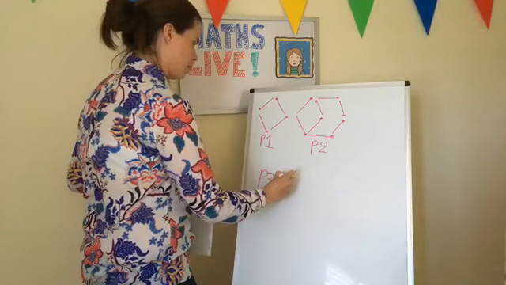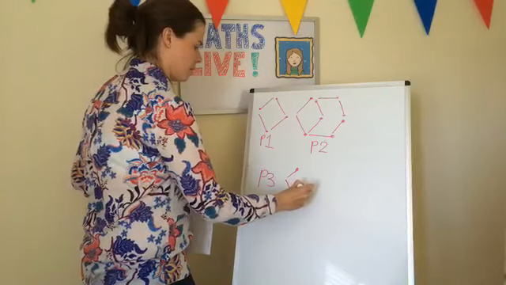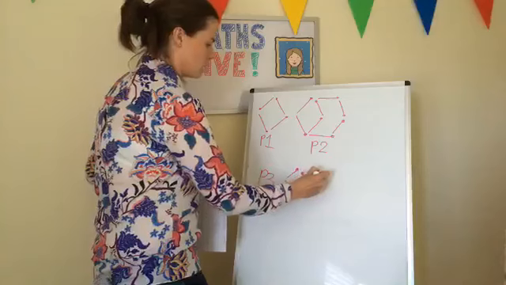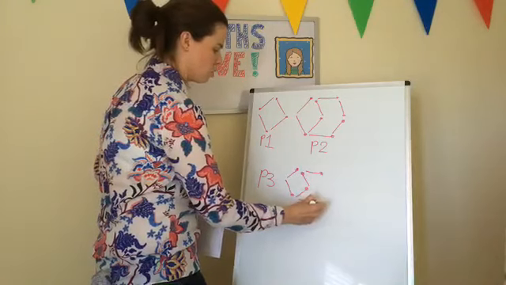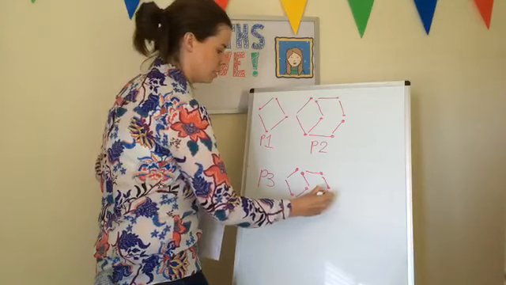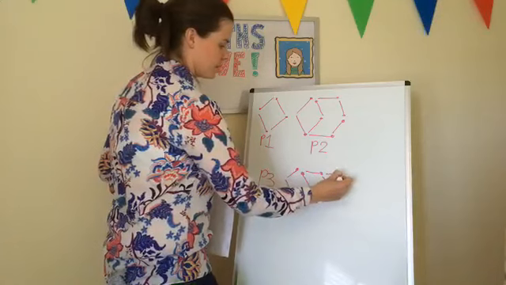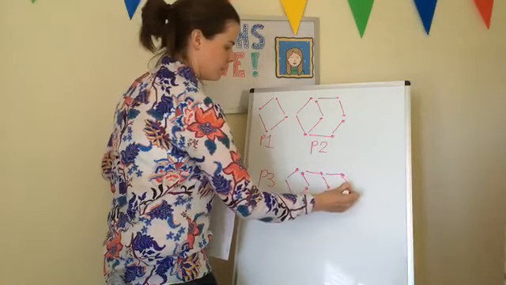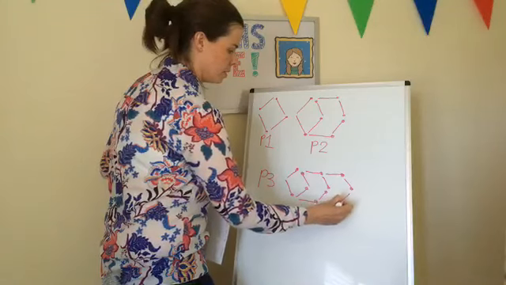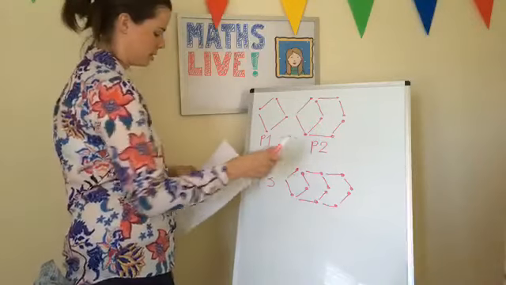So if you want to have a look at what I'm doing, you might start to try and work things out. You might try and guess. I wonder if you can guess how many is going to be in this pattern. Okay. So we've got pattern 1, pattern 2, and pattern 3.